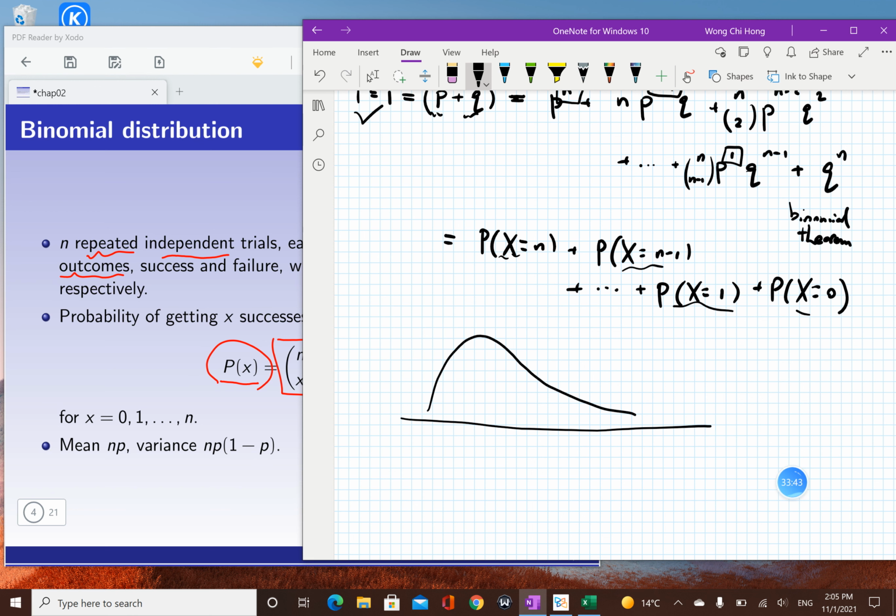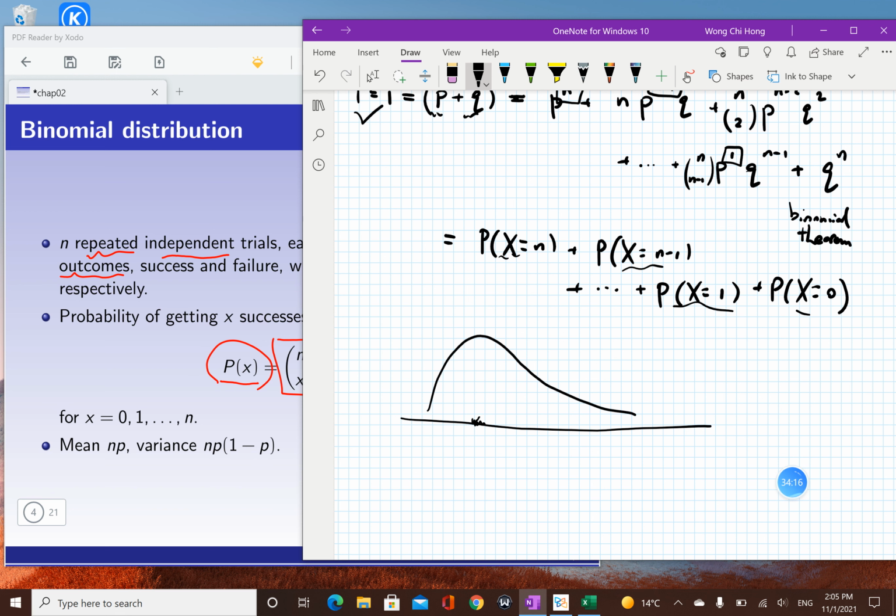But if your success rate is smaller than your failure rate, that means you're more likely to have failures than successes. That means that at the end of the day, after n trials, you will have more probability of having fewer successes, x being smaller. So it will be skewed this way, positively.